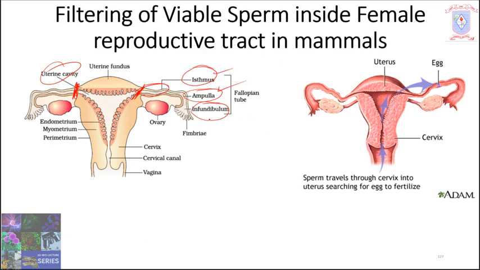The fallopian tube ends with finger-like structures called fimbriae, and fimbriae accept the egg from the ovary, and the egg gradually moves to the ampulla region of the fallopian tube. How sperm know the position of the egg and the secret of that action will be discussed in coming classes.